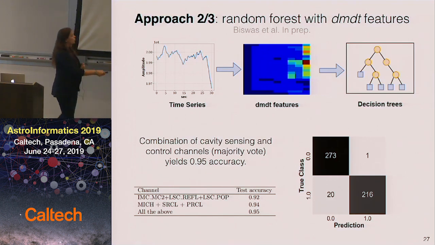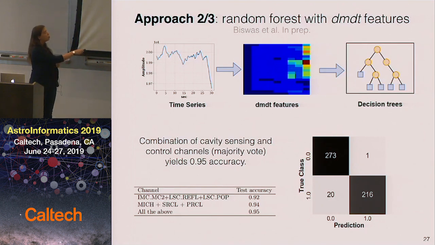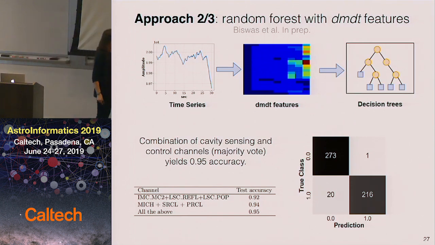We found if we combined channels, so different auxiliary sensors monitoring different auxiliary cavities, such as the input mode cleaner, the signal recycling cavity, or the power recycling cavity, we achieved a very high accuracy, about 95%.